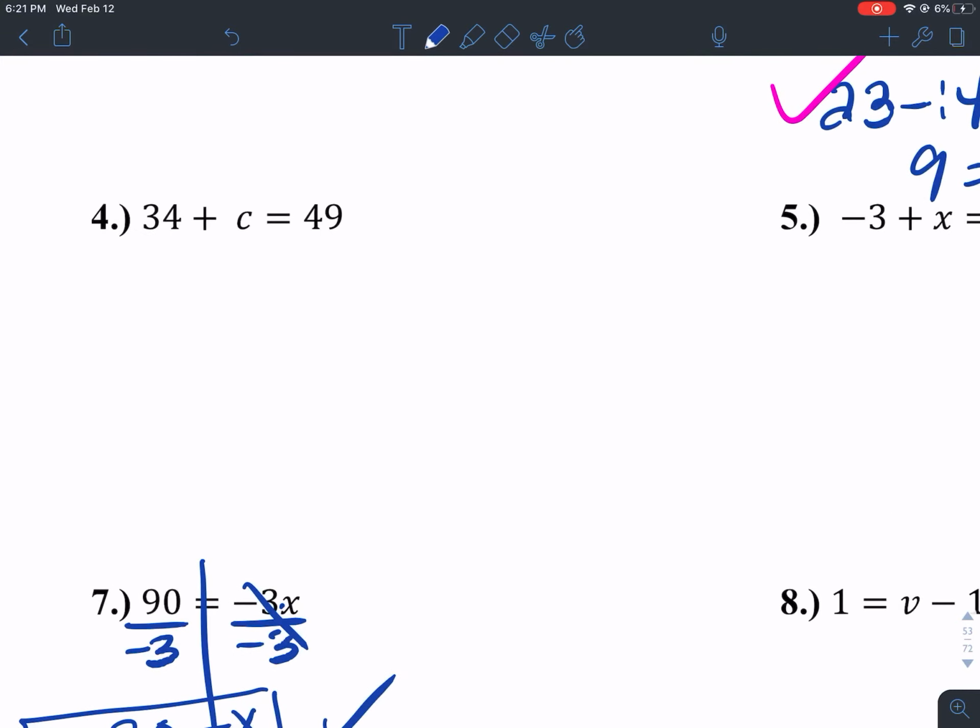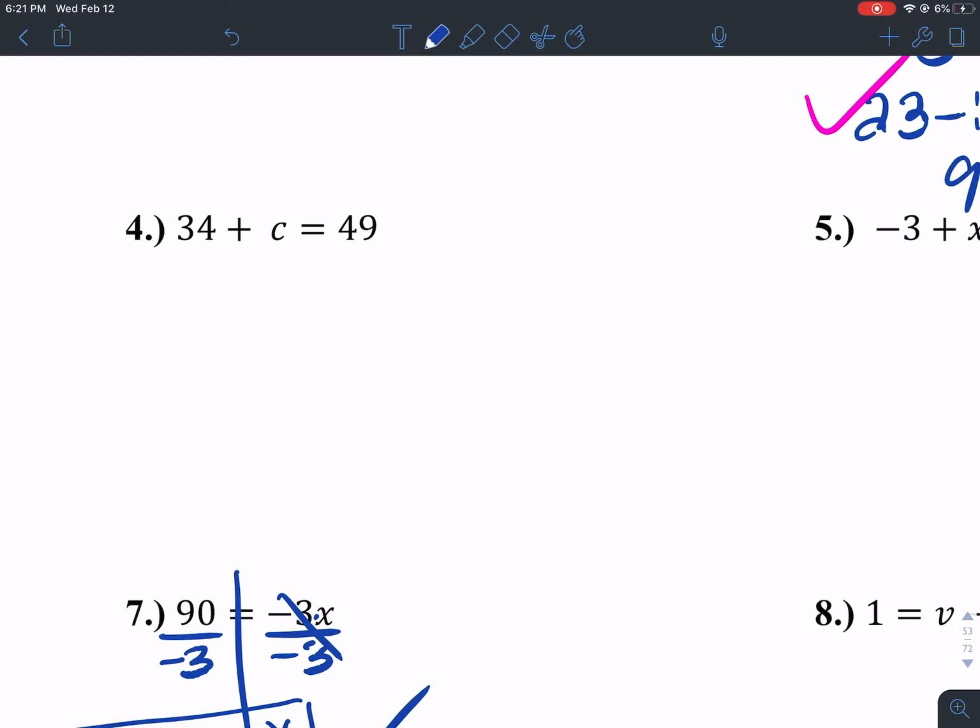Okay. I have 34 plus c equals 49. So I have 34 plus a number gives me 49. There's no sign in front of it. It's not telling me anything, but I do know it's positive. Since it's a positive 34, I'm going to do the opposite, which is minus 34.